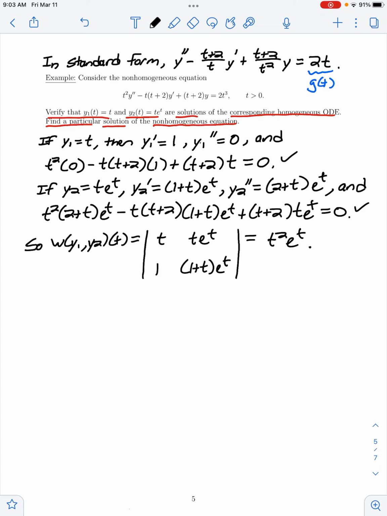And now let's calculate our u1 and u2 functions. u1 is defined as the negative integral of y2 times g of t. So y2, we had t e to the t, times g of t, which is 2t, divided by our Wronskian, t squared e to the t.